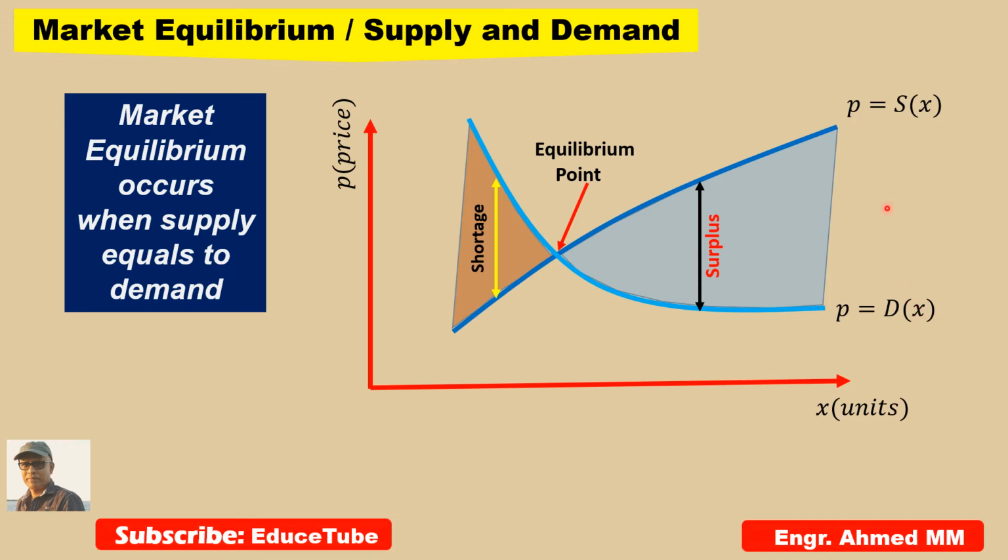Similarly, the supply function S(x) gives the corresponding price P equals S(x) at which producers are willing to supply x units to the marketplace.